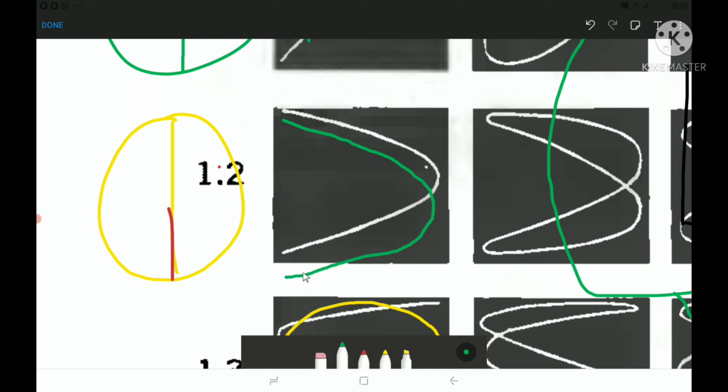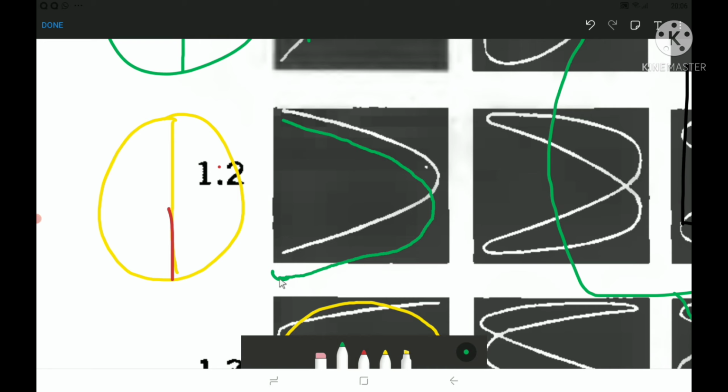It goes outside, but just for the sake of it, assume that this is also the corner. Just assume that this is also the edge, and this is also the edge. Just an assumption.